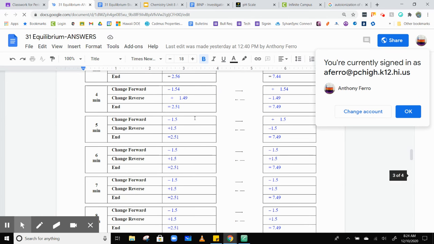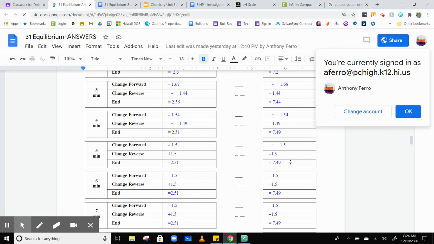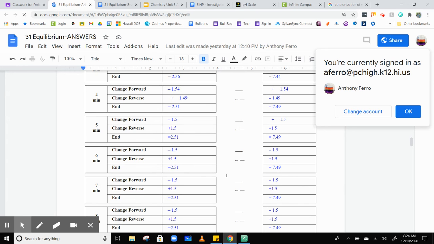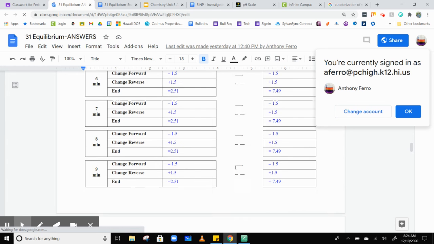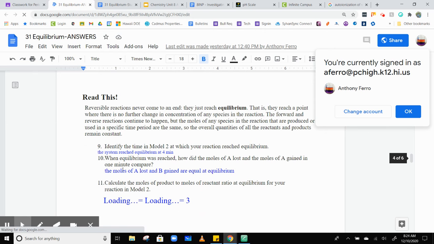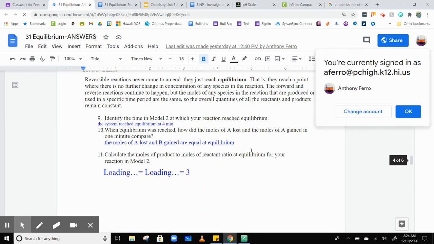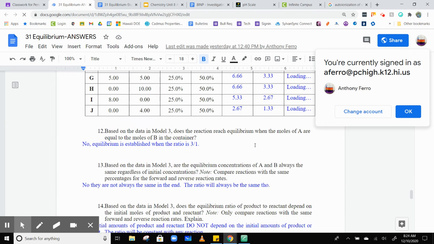Eventually, the amount of A going to B and B going to A becomes 1.5, and it doesn't change. It just stays that way, 1.5, 1.5, 1.5, both ways. So the rate of the reaction is constant in both directions. When that happens, it has reached equilibrium, and then you'll figure out how to do the rest of that.